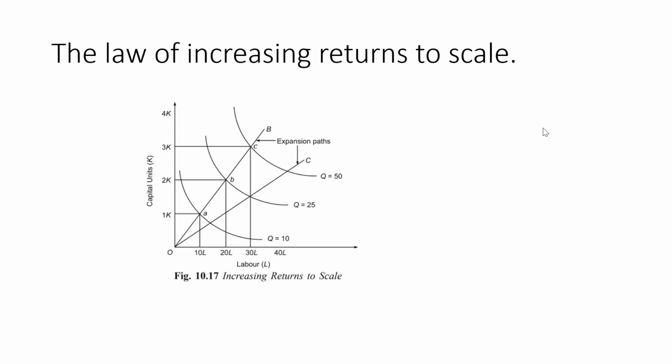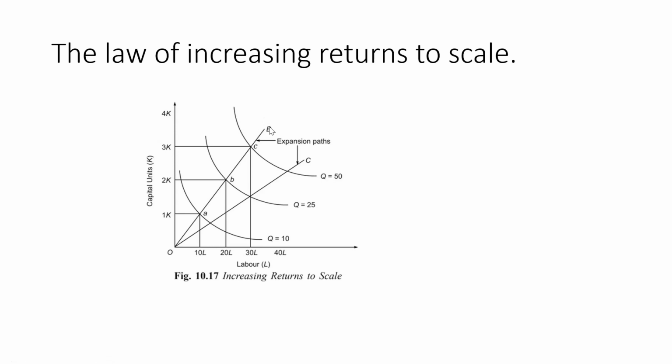The law of increasing returns to scale is in operation here. As we can see, lines OB and OC represent the expansion path.